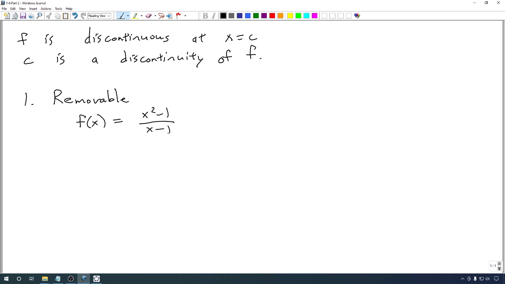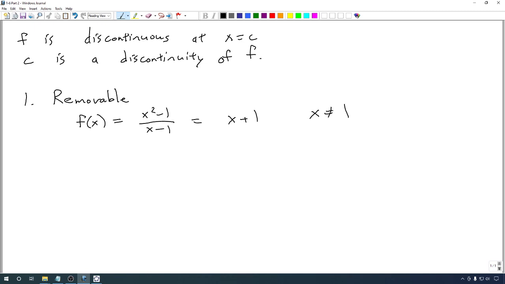We used this multiple times for examples in section 1.5. Except for x equals 1, we can simplify this function by factoring the top. That becomes x minus 1 and x plus 1, and then we can cancel out the x minus 1s. So this equals x plus 1 as long as x is not 1 itself.